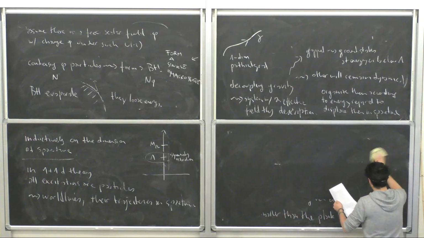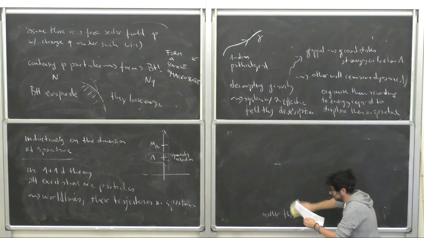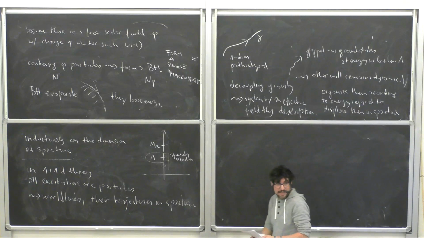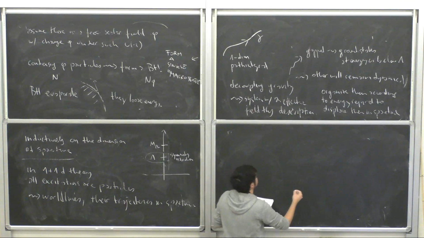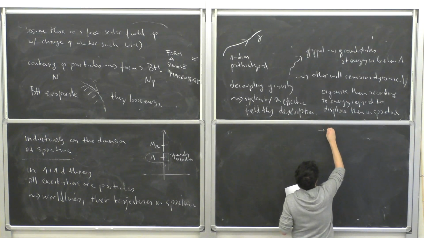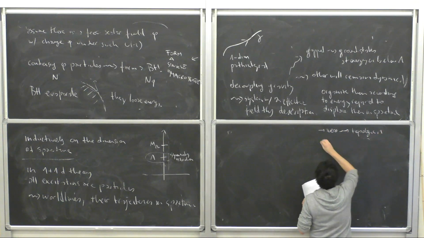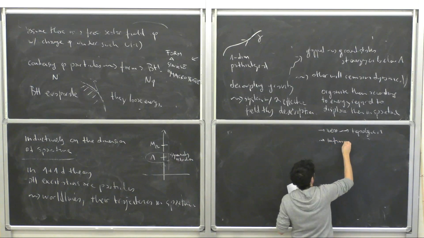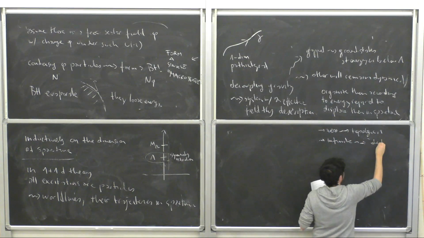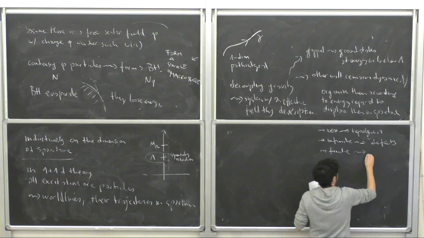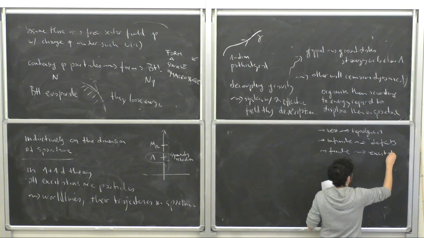Otherwise, if the energy cost is infinite, they give rise to some relics, to some defects. And if it is finite, then they are excitations of your system. So if it is 0, they are topological. If it is infinite, they give rise to defects. And if it is finite, they give rise to the excitations of your quantum field, or effective field theory description.